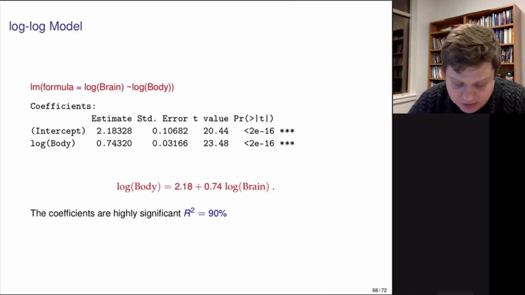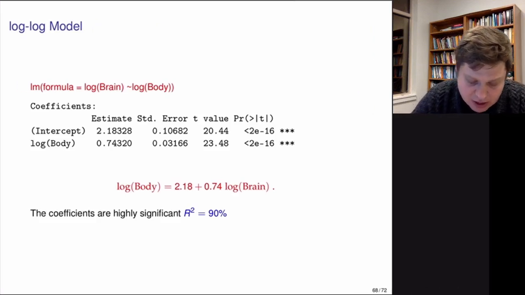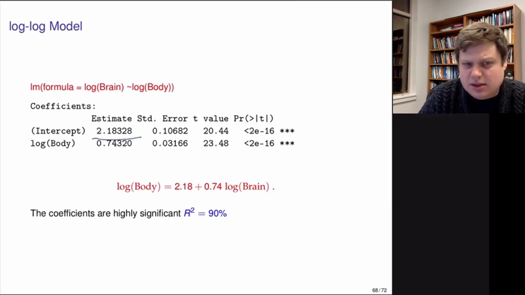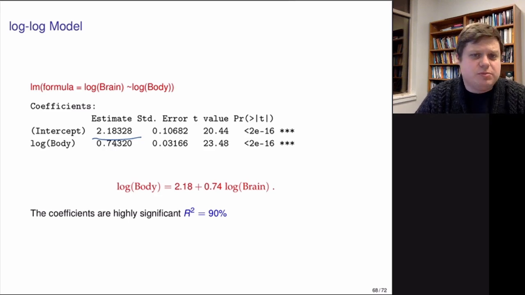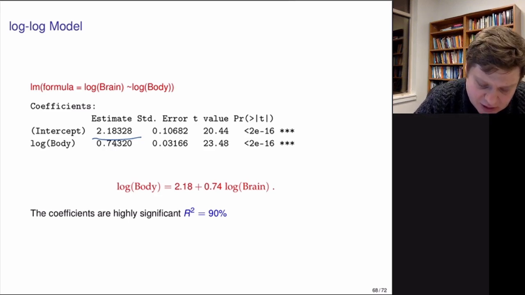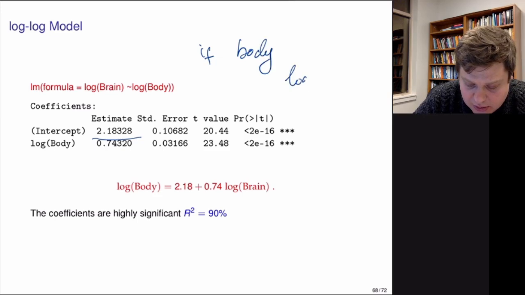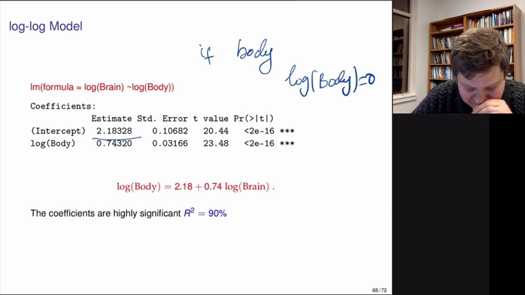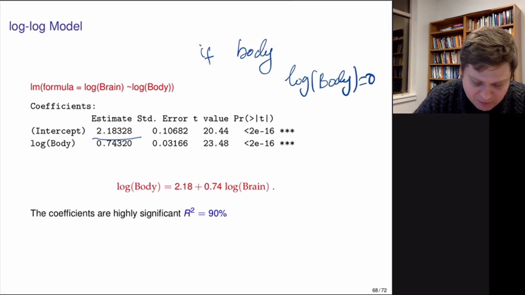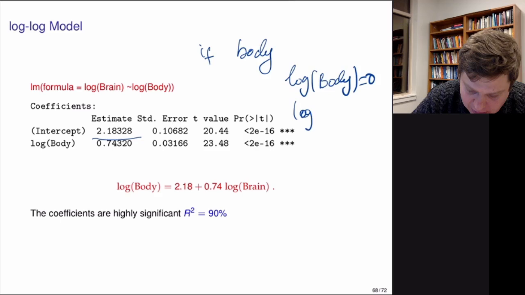So let's look at the coefficients and let's try to interpret them. So the intercept is 2.1, meaning that, well, actually, the intercept is hard to interpret here. The interpretation of the intercept here: if the log of the body size is 0, then the log of the brain size is 2.1.